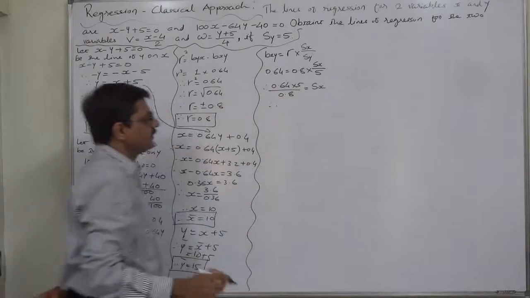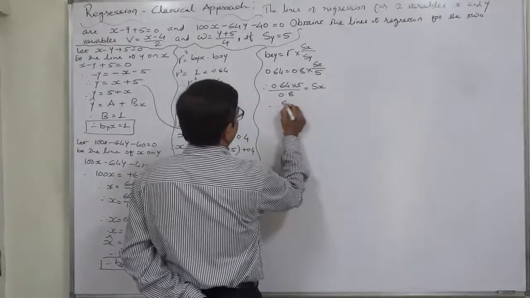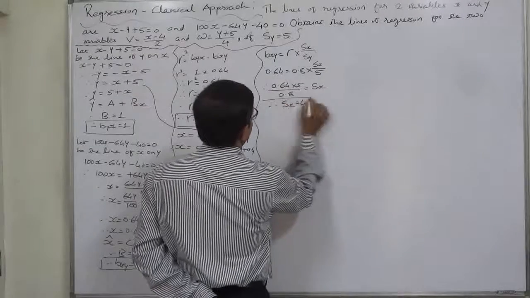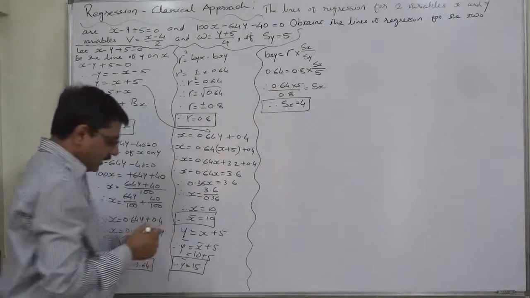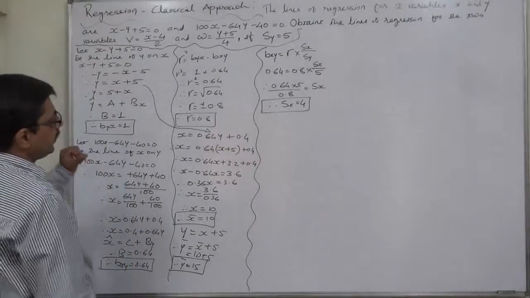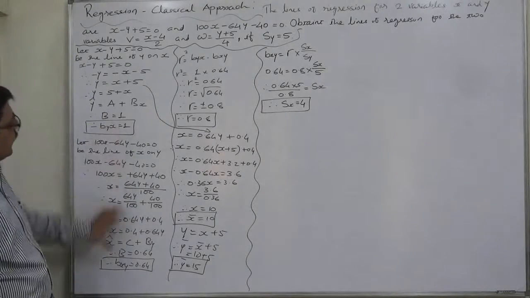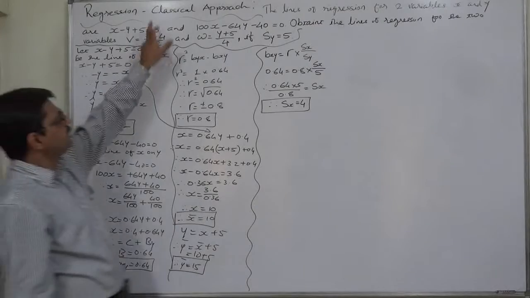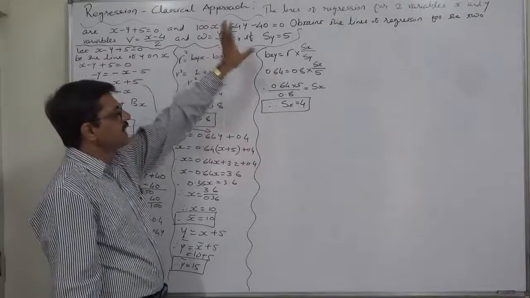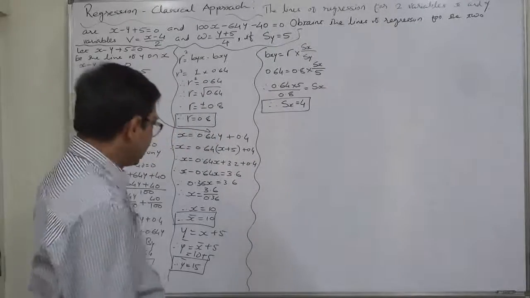If we simplify this with the help of a calculator, Sx comes to 4. Now we need to use the property of change of origin and scale, and accordingly we can find out the coefficients of regression, means and standard deviations of v and w. Let's start.